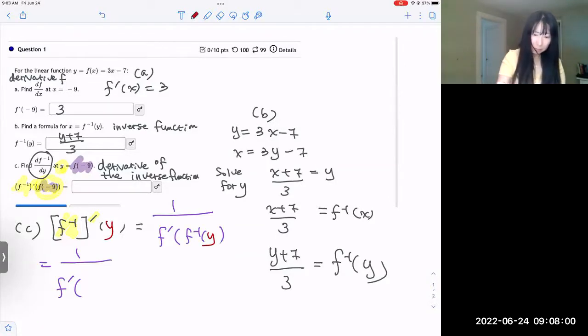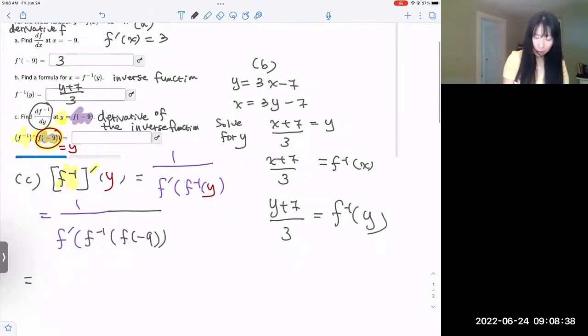Now, they said y equals f of -9. There will be y, right? Then f inverse of 9. Hold on one second. I'm following that: y equals f of -9. That's better, right? Then what do you have in this one?